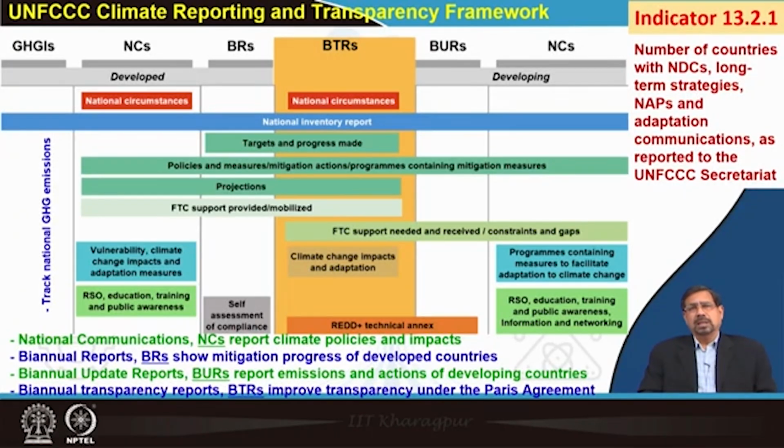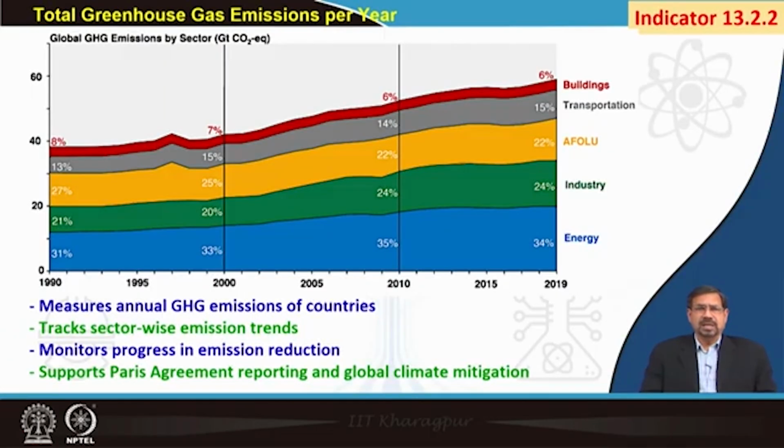So, that way the UNFCCC, in terms of climate reporting, does very good transparent work. Coming to this, the number of countries with NDCs, nationally determined contributions, long term strategies, national action plans and adaptation communications as reported to the UNFCCC Secretariat.